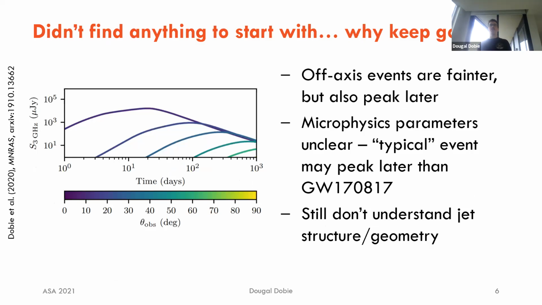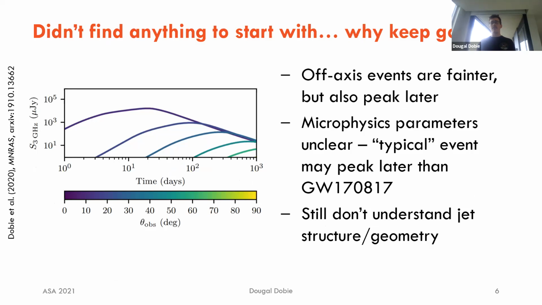Now, when I've given this kind of talk previously over the past year or so, I've had people fairly regularly ask why bother to keep looking despite not finding anything in that first month. You know, why spend so much observing time on this one event?